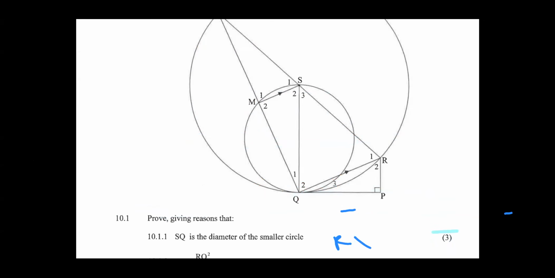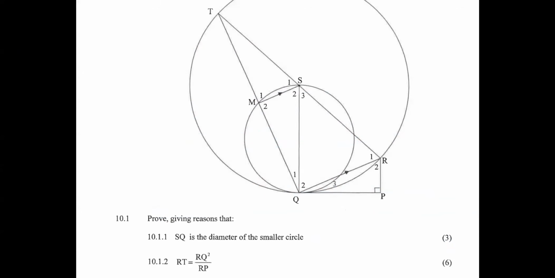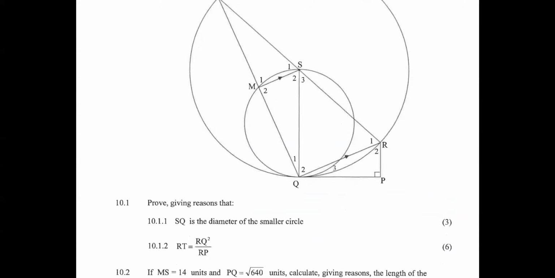So what's the theorem that we stated at the end? For the ratios that I wrote, we were just using similar triangles.